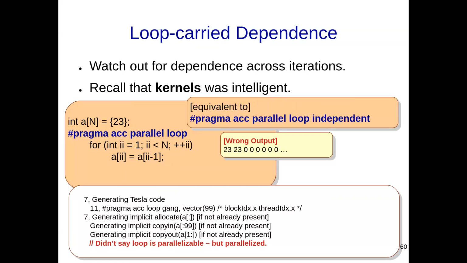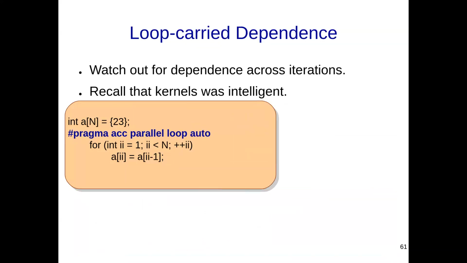I'll show you now. This particular loop, when we by default say acc parallel loop, means that we are specifying that the iterations are independent. There is no loop carried dependence, and therefore there is an independent clause which you can also specify, which is the default. When you do not want this to be the default, when you want the compiler to spend some time identifying if there is a loop carried dependence, then we have to specify this auto keyword.